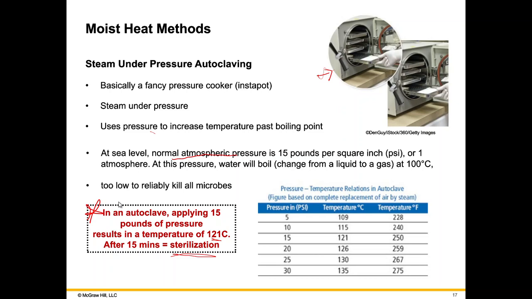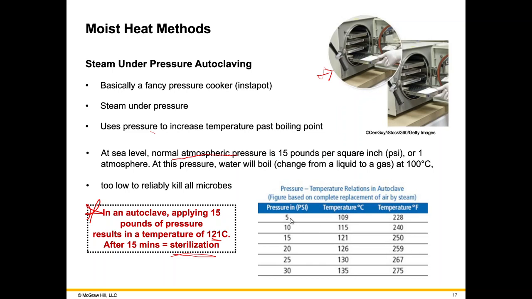So looking at this chart over here to the right, you'll see if we're adding 15 pounds per square inch of additional pressure to a system, it will reach 121 degrees Celsius, which is by far past boiling point. And it also shows you some trends with this.